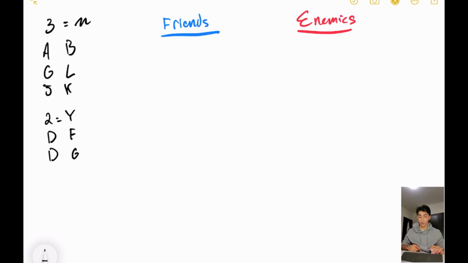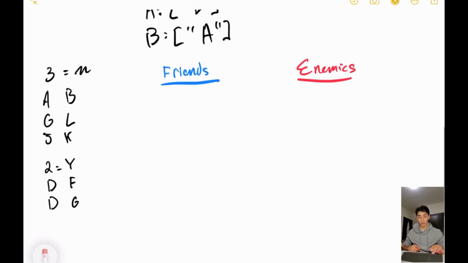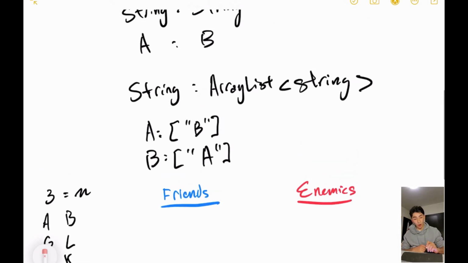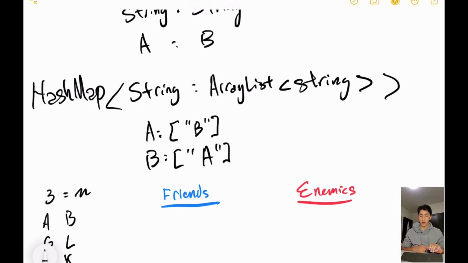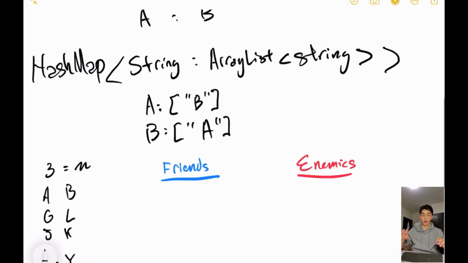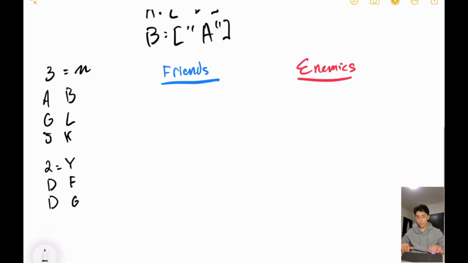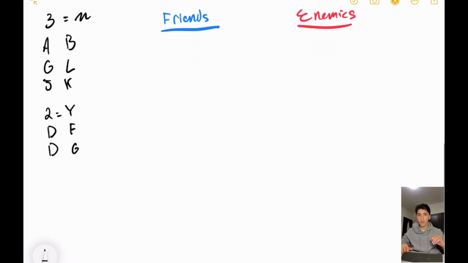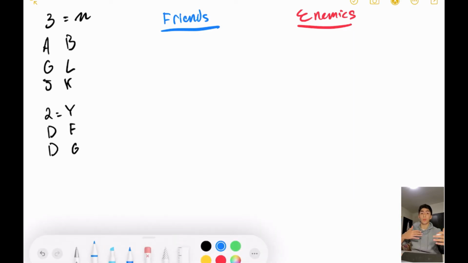Just to clarify, going back to right before, all of this is going into a hash map. The hash map is going to hold a string that points to an array list of strings, right? So let's figure out how that would work out in actual code.